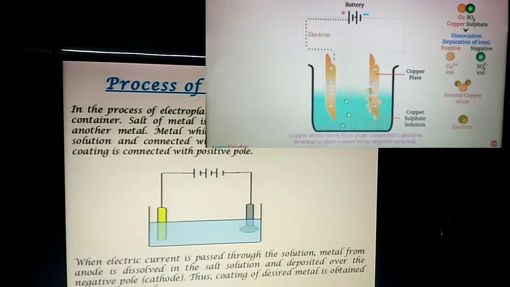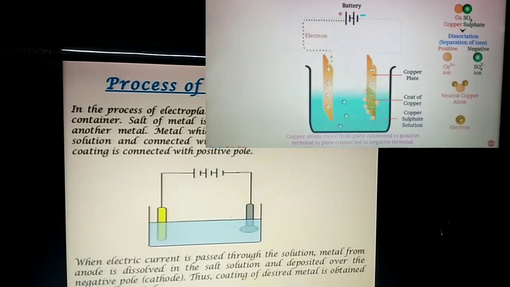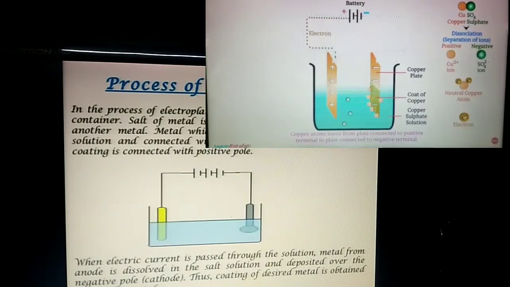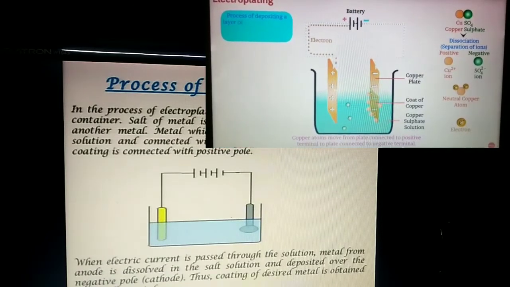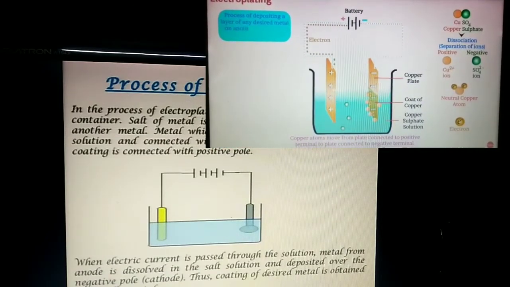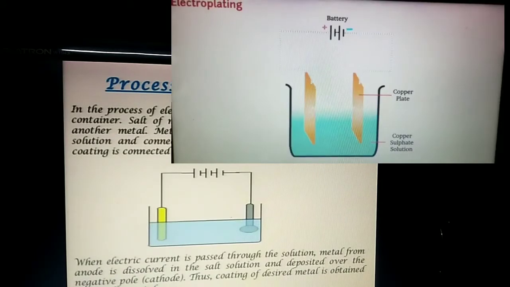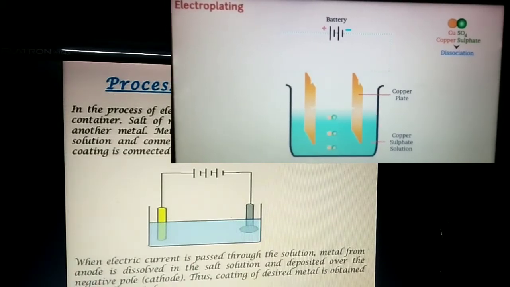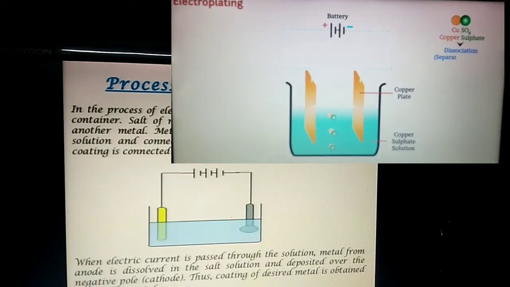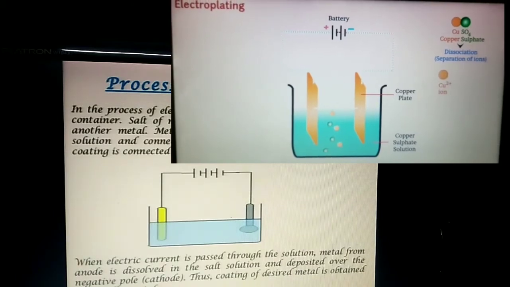Not only electroplating, to purify copper, a thin plate of pure copper and a thick rod of impure copper are used as electrodes in the acidified solution of copper sulfate. That is, pure copper is used as cathode and impure copper is used as anode.